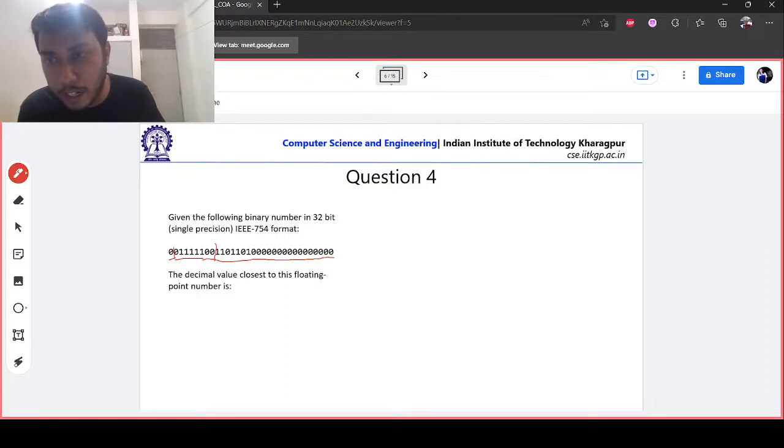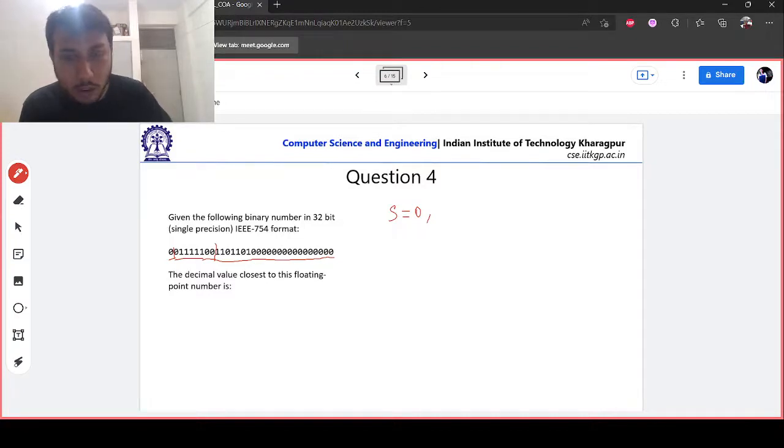So we have divided it into three parts. As we know, from the number we can see that s equals 0.